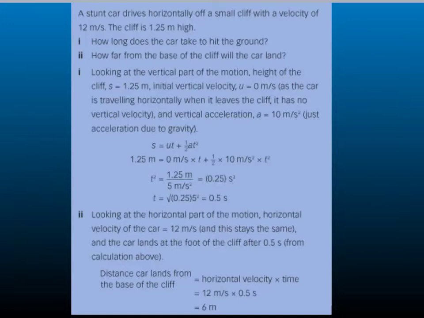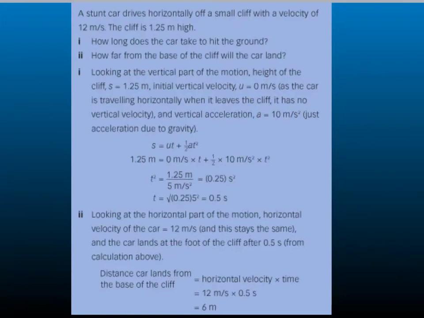we can find this value through looking at the vertical part of the motion. We know that the height is 1.25 metres. The initial vertical velocity is 0 because the car is travelling horizontally when it leaves the cliff. And the vertical acceleration is 10. Okay, and we are wanting time.